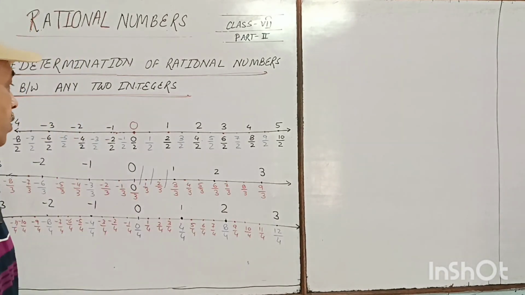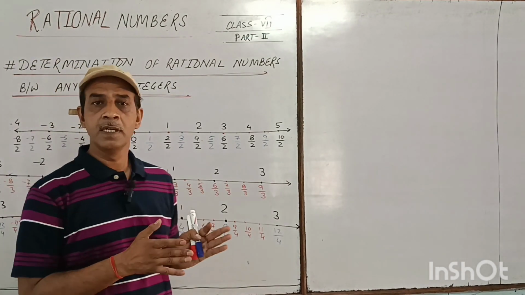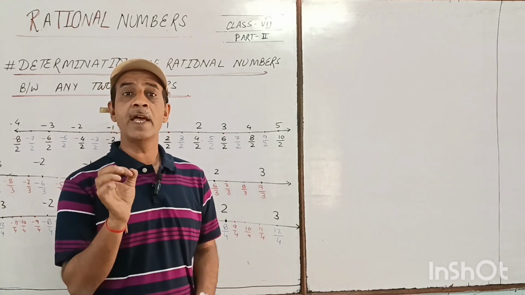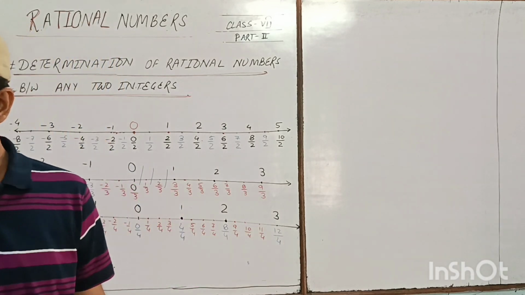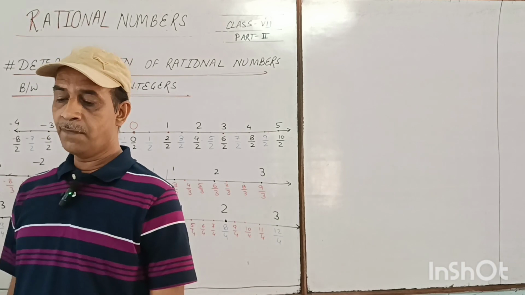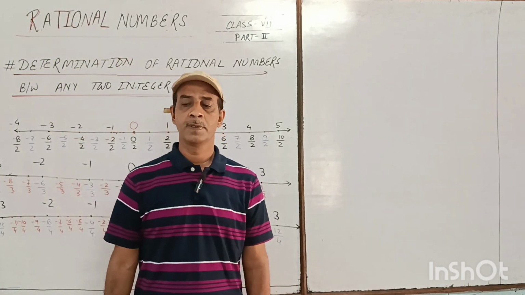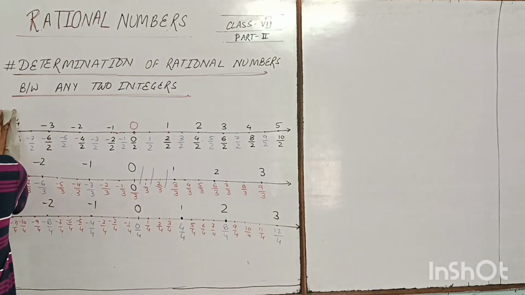That means between any two consecutive integers, you can have infinite rational numbers. Fine. Now let's take some bigger example.